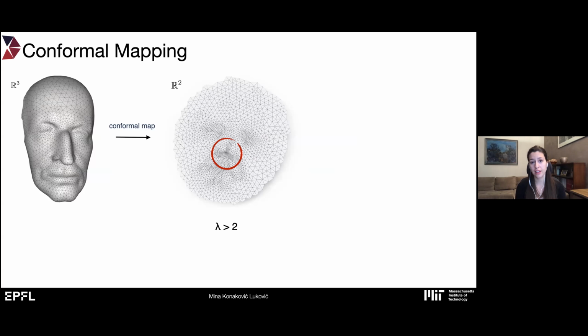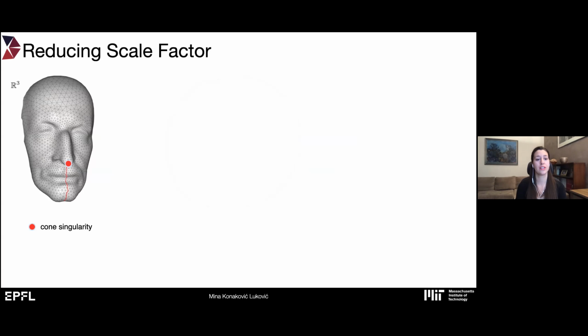And luckily in computer graphics, we already did some work, and not only we, but Miri is an expert on this. You can reduce the scaling factor by introducing cone singularities. So how do you do this? You either pick a point or let your algorithm pick a point for you. In this case, we would normally pick a point in the region of the highest curvature on the surface.